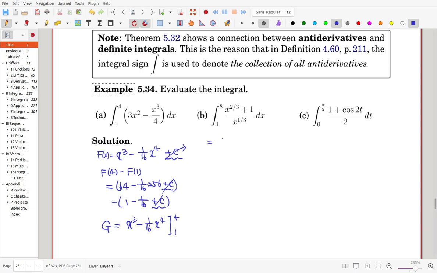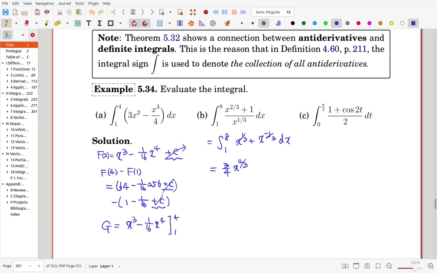Now the given problem is from 1 to 8 of x to the 1/3 divided by something. So let's try to simplify. That is x to the 1 over 3 plus x to the minus 1 over 3, dx. So here the antiderivative is: plus 1 gives 4 over 3, and its reciprocal is 3 over 4, times x to the 4 over 3.